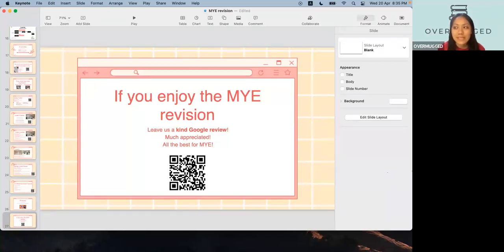Tips on memorizing in general. Understand it and then memorize the keywords. Don't memorize everything word for word. This doesn't really help. Once you understand, as long as you memorize the keywords, you should be able to write it out quite easily. And there are a lot of processes in bio.